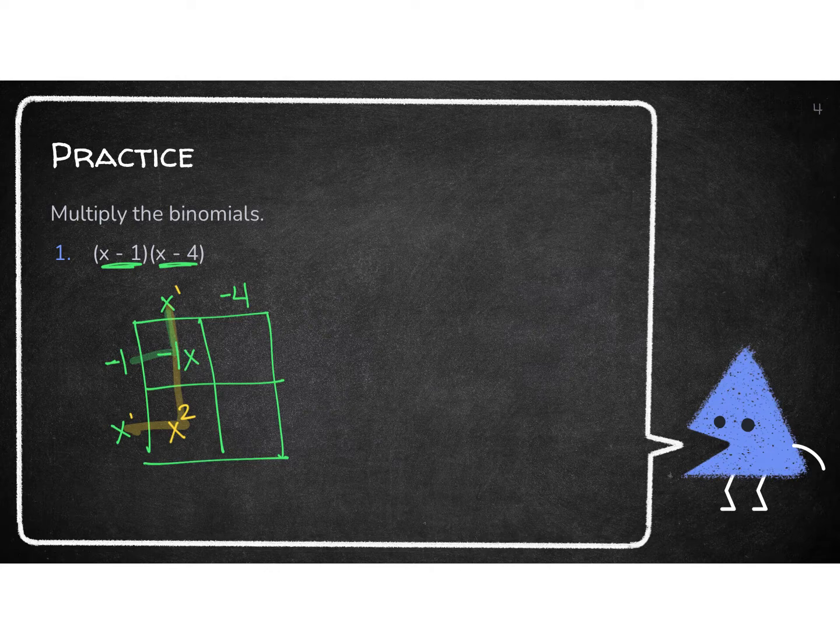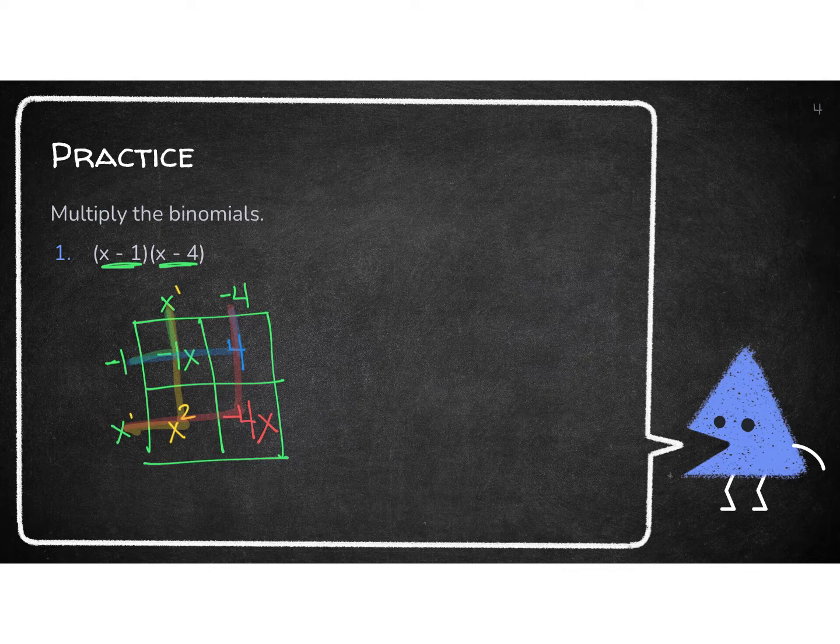Then I'm going to do negative 1 times negative 4, which is going to give me positive 4. And then lastly, I'm going to do negative 4 times x. So I'm going to get negative 4x.